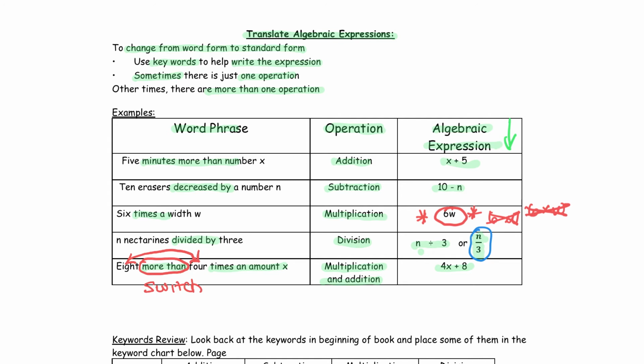So 8 more than 4 times an amount X. Well, I know that 4 times an amount X is 4X. I know that 8 looks like this. And more than means plus. But notice my final answer is 4X plus 8. That's because the words more than are switch words.